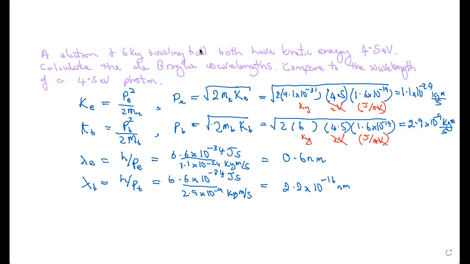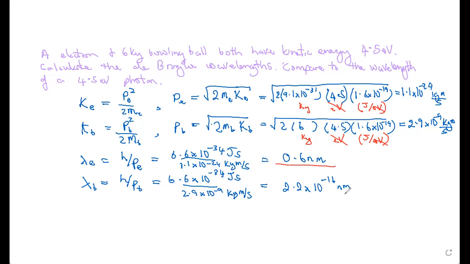So let's just make a couple of comments about these two wavelengths. The wavelength for the electron has the size scale of an atom. So it's sort of the size of an atom is the electron wavelength.